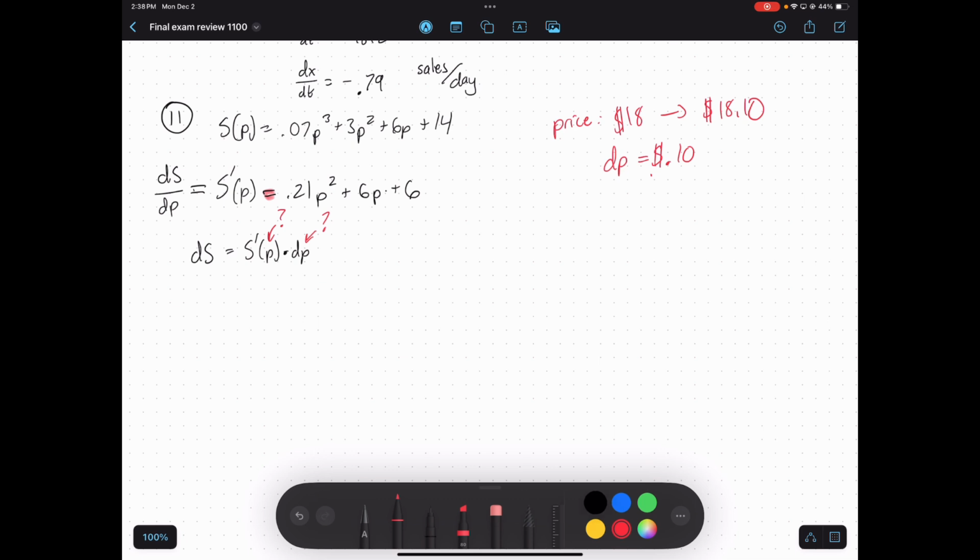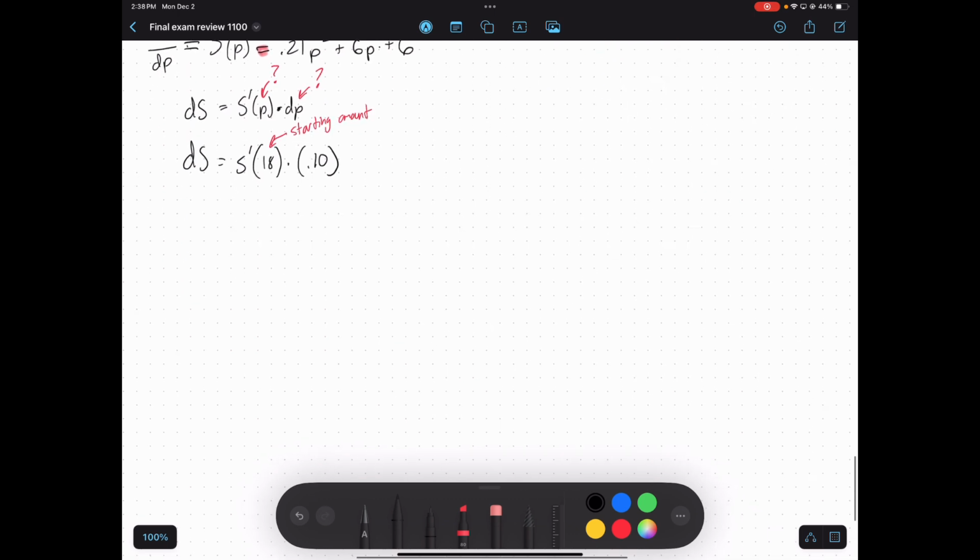So I'm going to do S prime of 18 times 0.10. Just as a reminder, I want to use my starting amount. So I get 0.21 times 18 squared plus 6 times 18 plus 6, so there's my derivative with 18 plugged in, times 0.1.